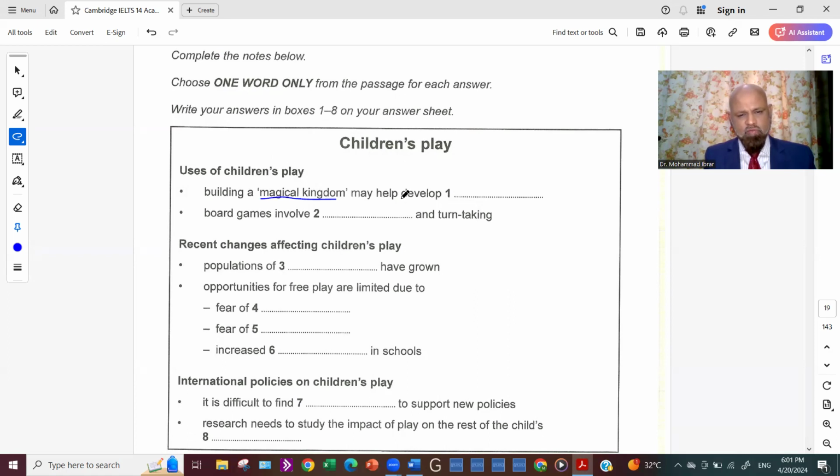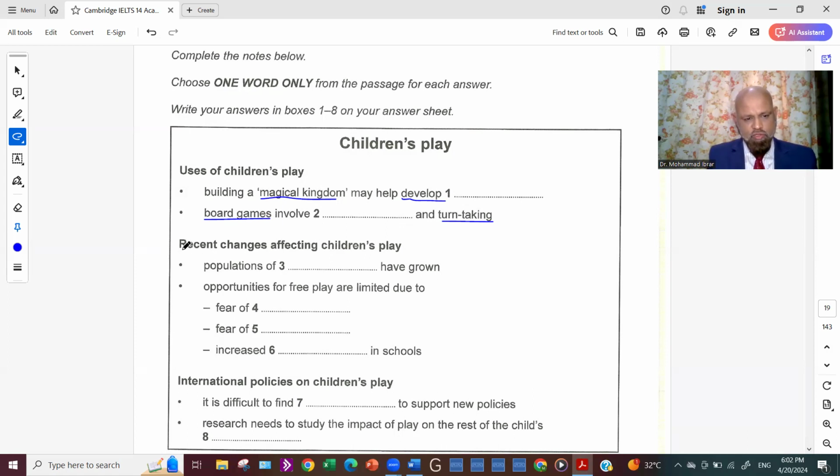So it helps in developing something, in the improvement of something, in the growth of something. And then board games. So board games here, keyword. And it involves something, it has something. Yeah, it has to offer something. And it offers two things, turn taking and what else?